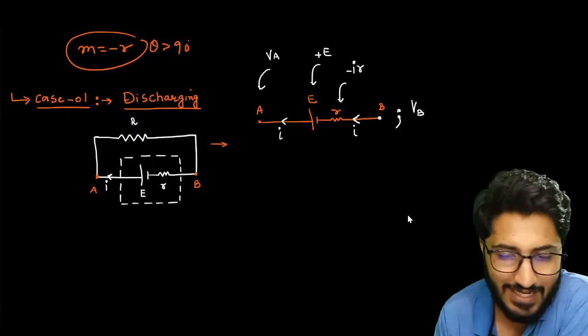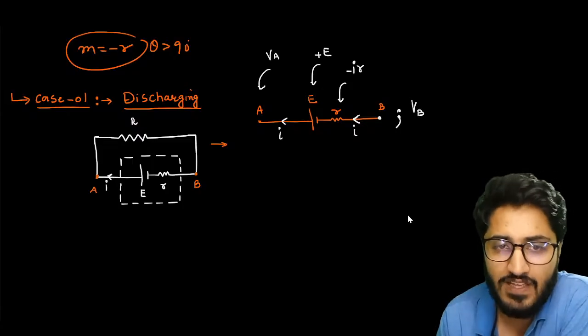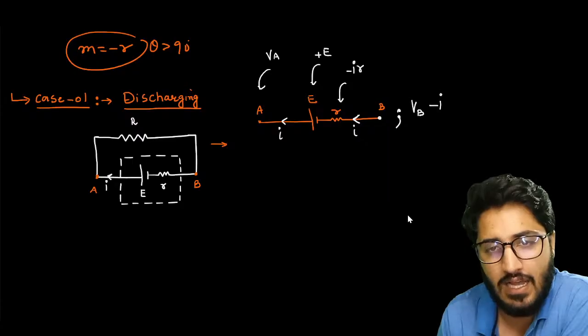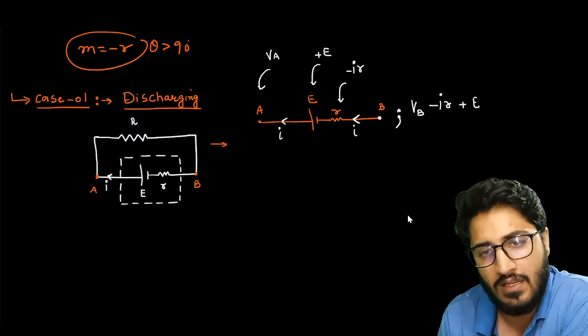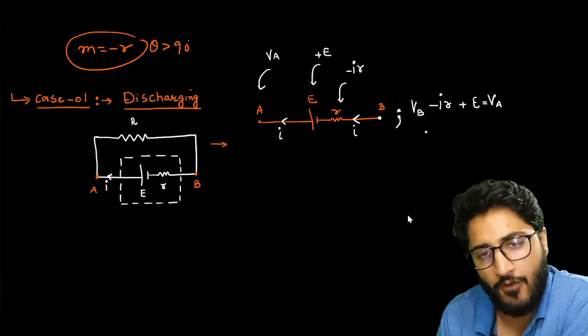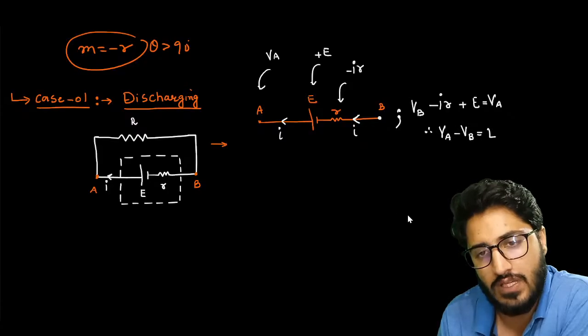So I write VB minus Ir plus E equals VA. Therefore, VA minus VB equals E minus Ir.